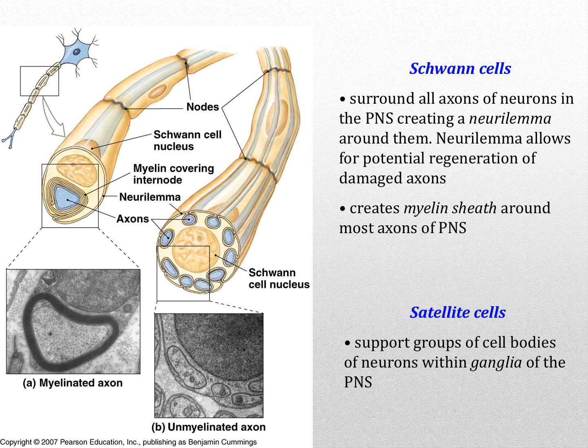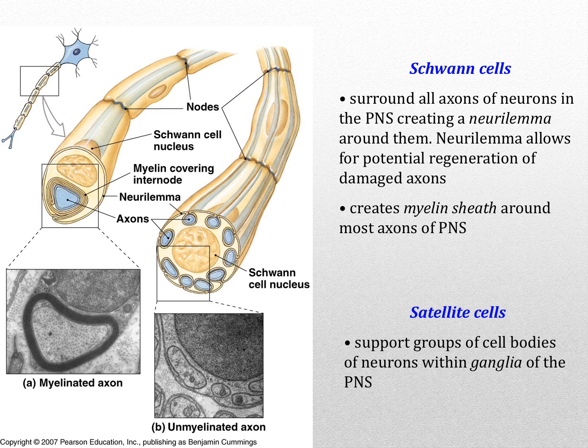Now, myelin is made of lipid material, and it's wrapped around several times. But in addition to myelin, the Schwann cell also creates something called the neurilemma. A neurilemma is an additional material that is not found in the central nervous system.